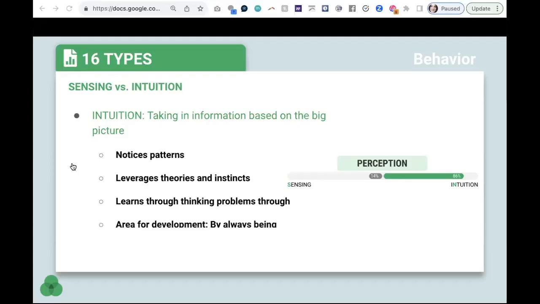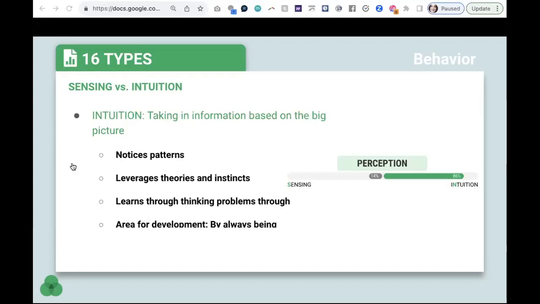So because they're always leaning into the future and into design thinking, they may miss key details, which is why whenever you're reviewing information as a group, it's awesome to have both a higher S and a higher N together, because you're going to capture all the necessary information to be able to inform a decision, a discussion, a conclusion, right?